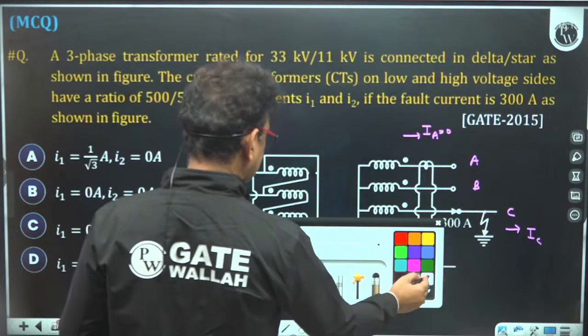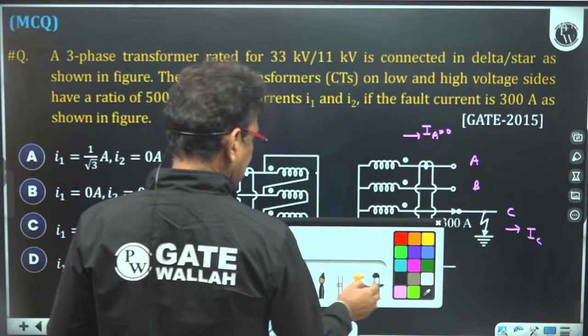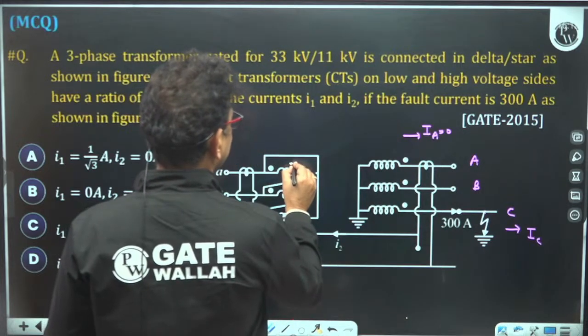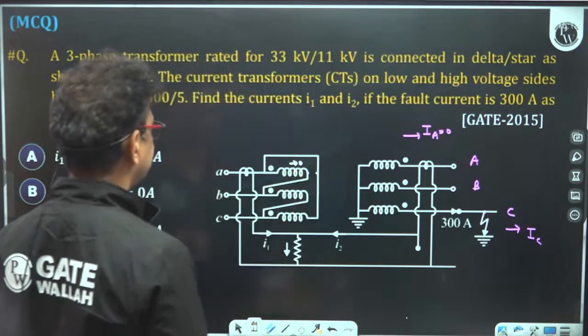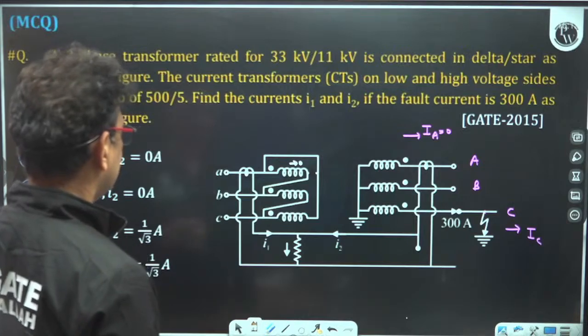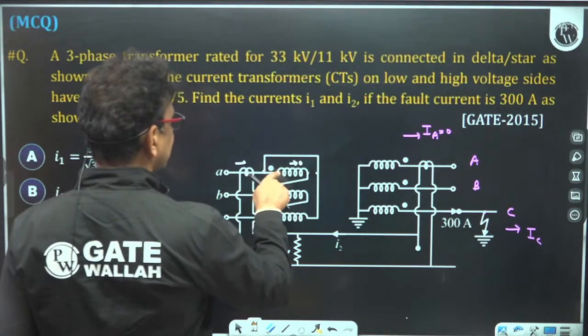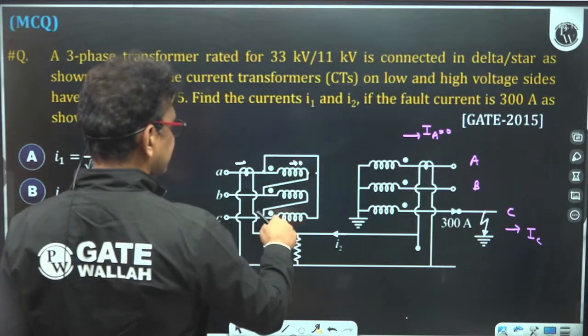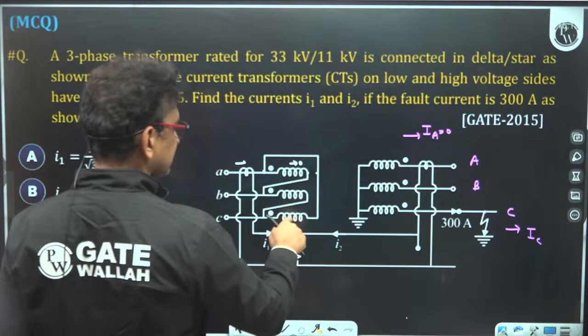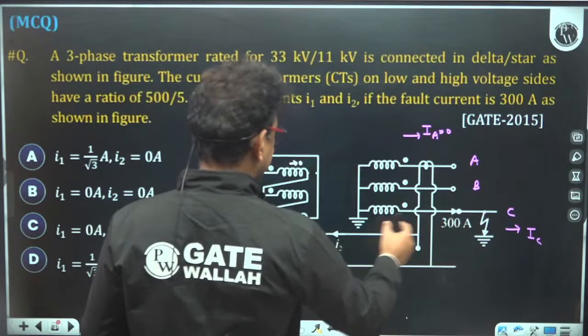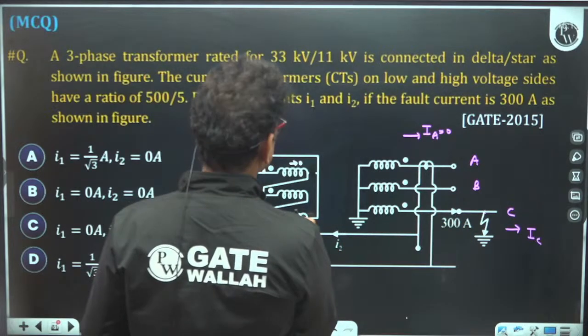Clear? No doubt, even the secondary side IA is 0, this current will also be 0. But here the current is not only this current, it is also this current. The C phase current is also there, and the C phase current is 300. Now what is the per phase current?